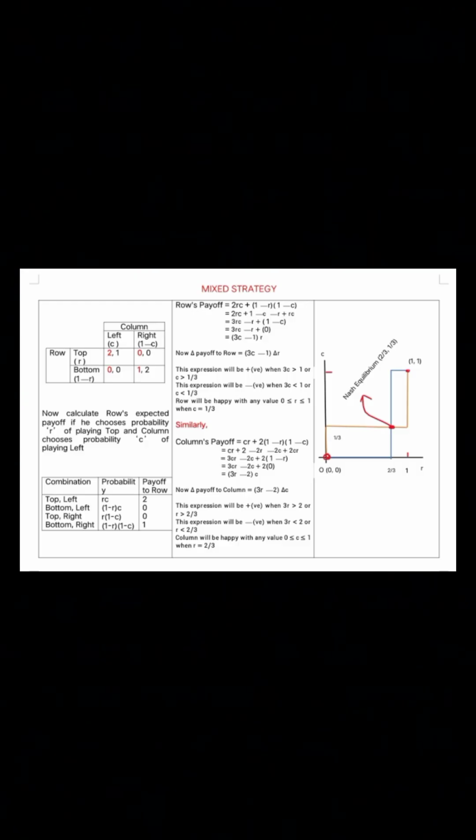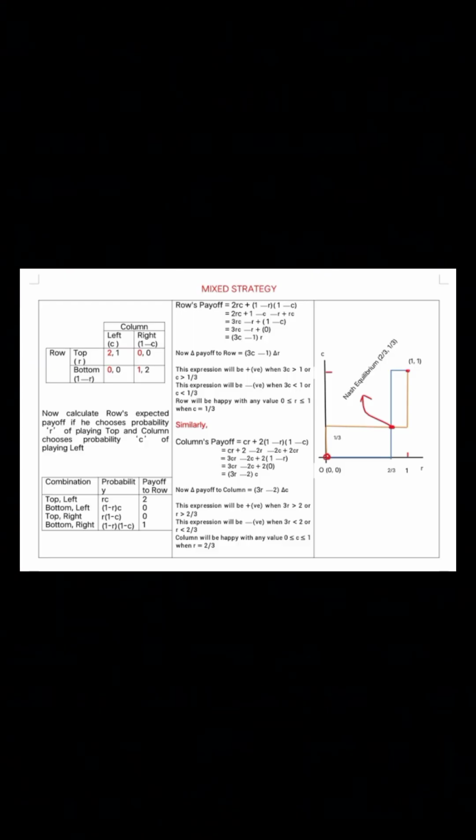So this is the expression which gives delta payoff to column, and this expression depends upon R, that is the probability of choosing strategy from row. This expression, column's delta payoff 3R minus 2 into delta C, will be positive only when 3R should be greater than 2, or if we divide by 3 on each side, R will be greater than 2 by 3.